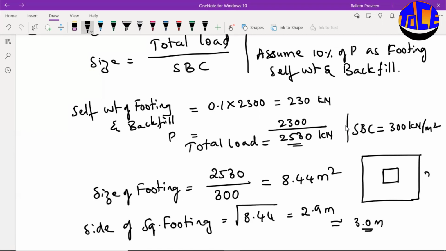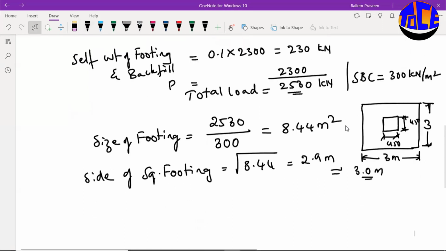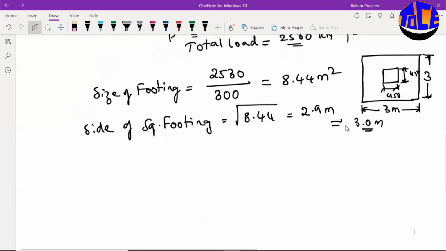So here this is 3 meters and this is also 3 meters. Clear? And this is the column, so it is 450. So the footing size is determined.